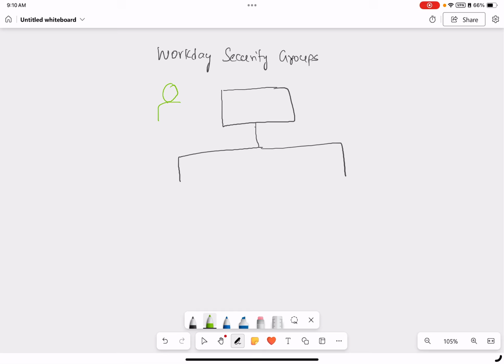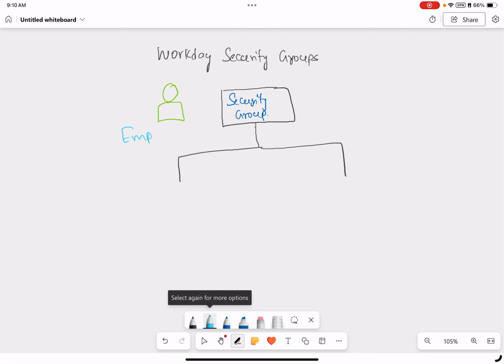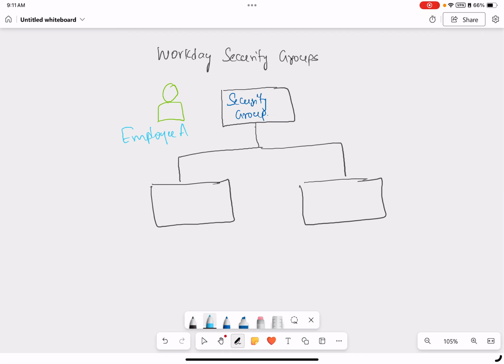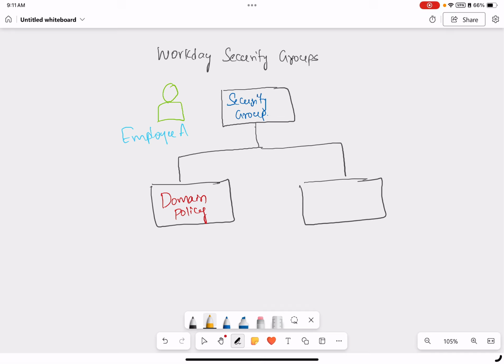Here is an employee. Domain policy. Business process policy.